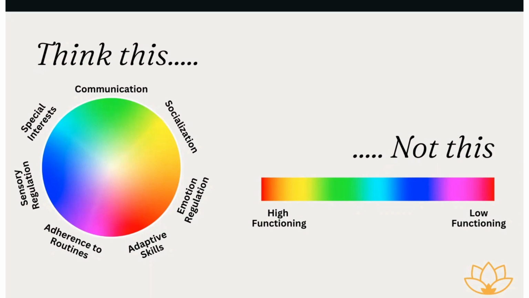It might just be a few of these areas that are impacted, whereas their neurodivergence is actually causing strengths in other areas like special interests, or sometimes we have children who are really talented in pattern recognition and other areas where they would not have those specific strengths had they not also had these other differences that come with it. So we want to think not about high functioning versus low functioning as a whole, but about their specific strengths and support needs in each of these different areas.